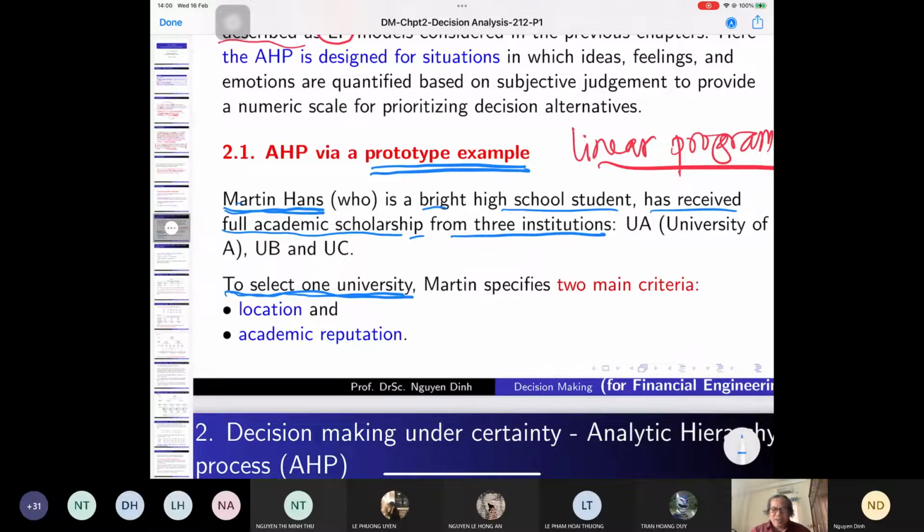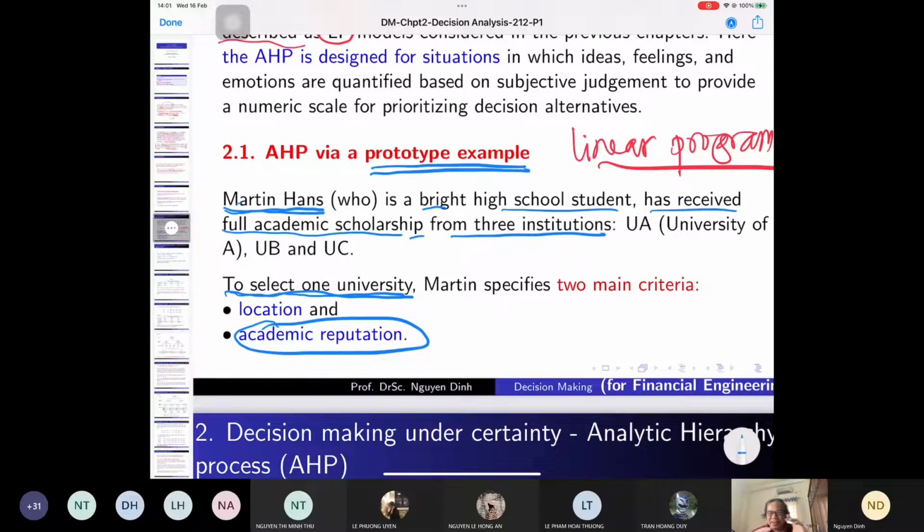So the two criteria are location and reputation. We also think of these things, but you know the two criteria are not equally important. Some are more important than others. You see that academic reputation here is more important than location. Of course, some of you think that location is important, but I think many people think that academic reputation is more important.